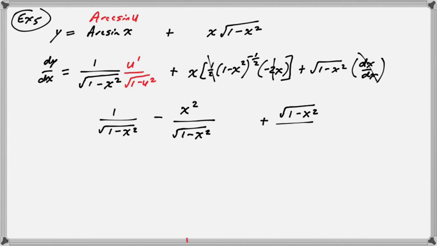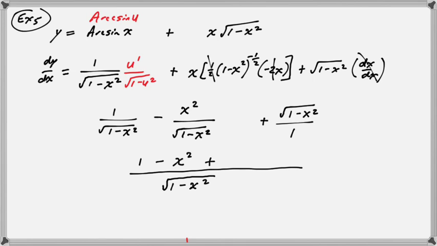Okay, at this point I'd like to get a common denominator. It appears two of them already have a denominator of radical 1 minus x squared. How do I make this other one have this denominator? Well, you multiply by the common denominator divided by itself.